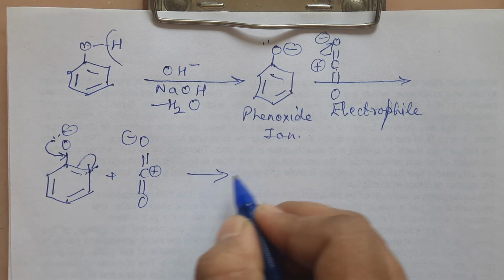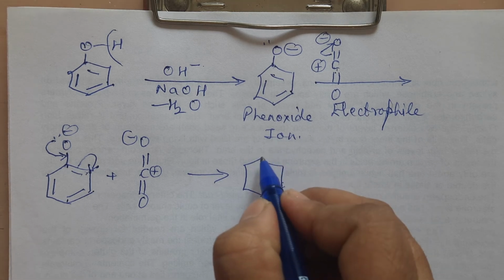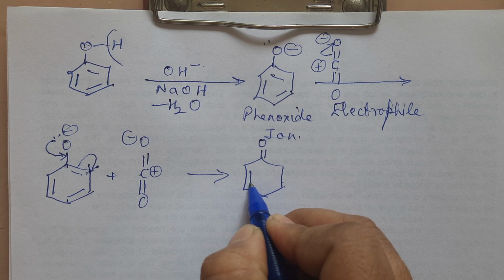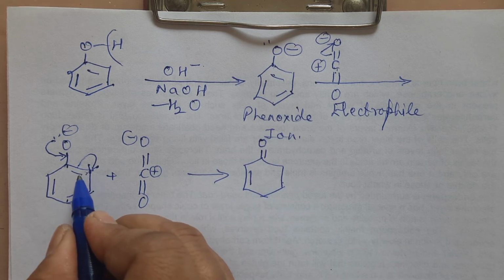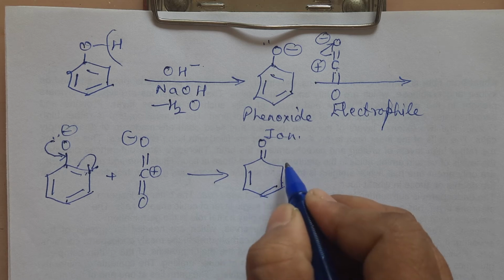So what you get, with the changes we made, we are going to show here. This is no longer a double bond, so this is now a single bond only. This is intact.